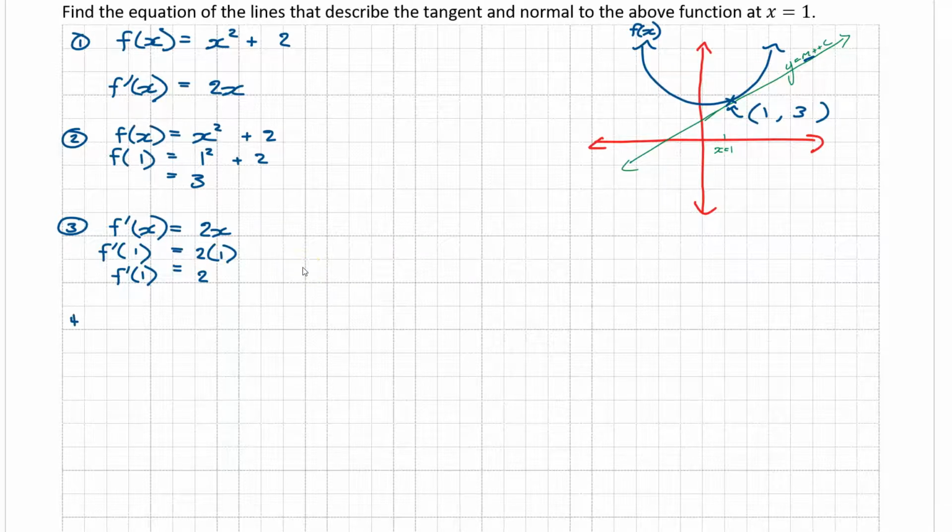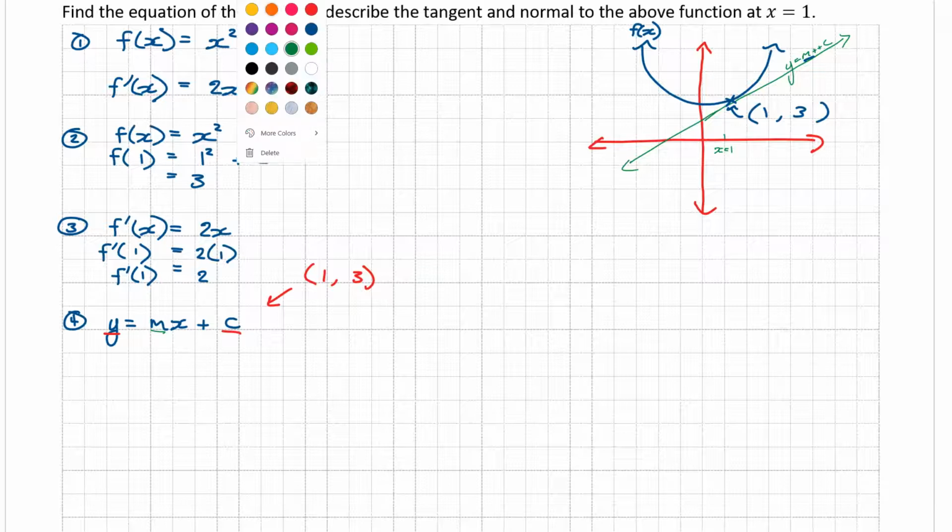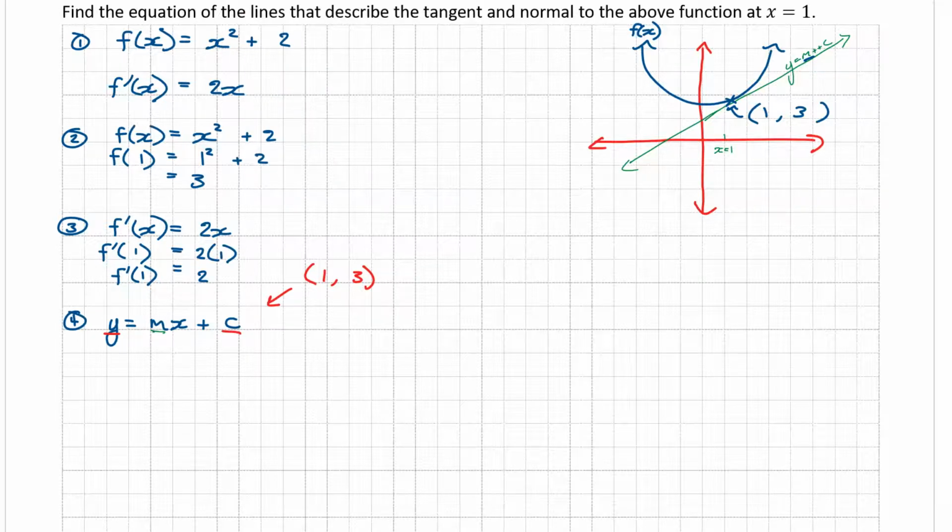Moving down to part 4, we need to find the value of c. This is where it gets a little bit involved. Remember, if we're going for y equals mx plus c, the values of y and x are explained by the point 1 and 3, and the value of m here is explained by f dash of 1, and we've already calculated these. So if we rearrange to solve for c, we get c equals y take mx.